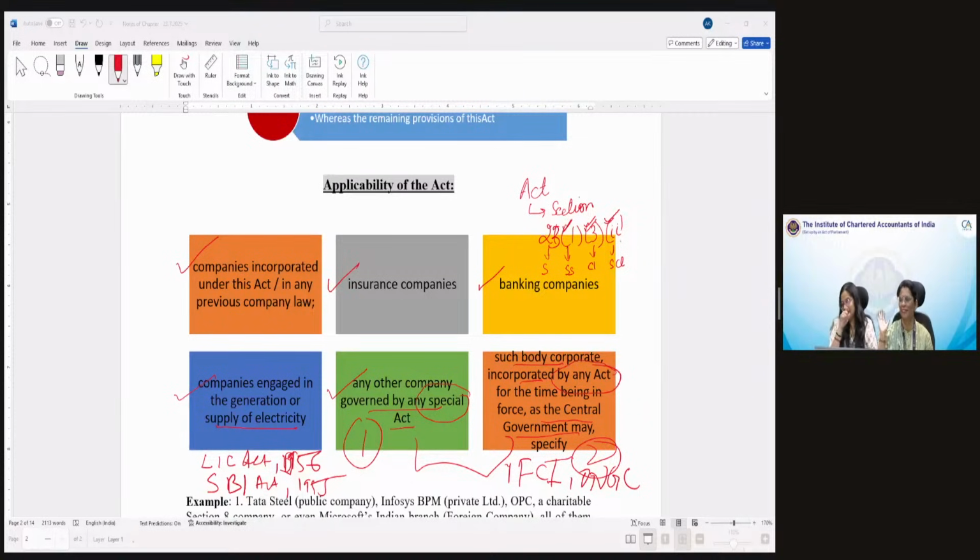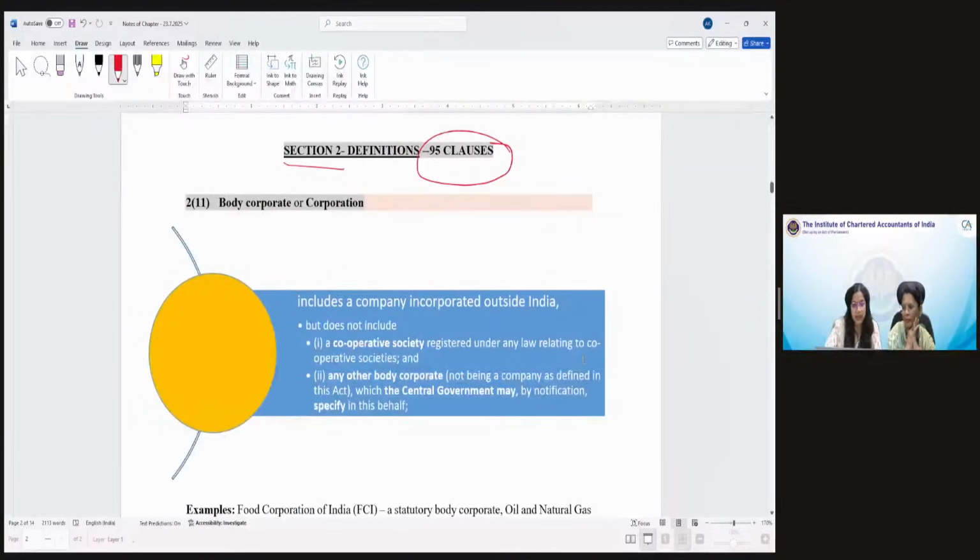All over the Companies Act 2013, whenever a section is followed by a number, a point, it is a subsection, except in the definitional clause. Here it is 2(11). In common parlance people may say section 2, subsection 11.